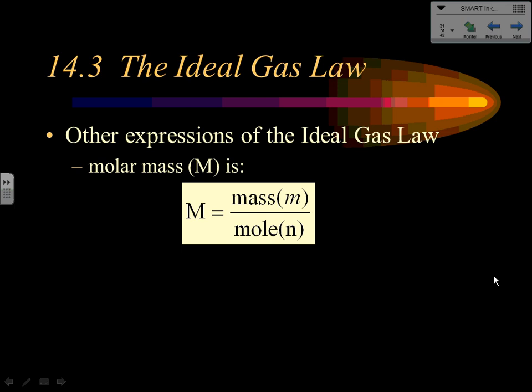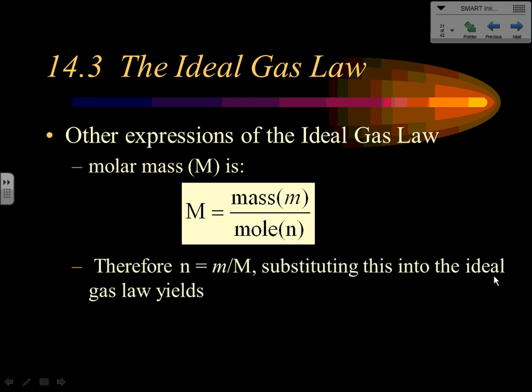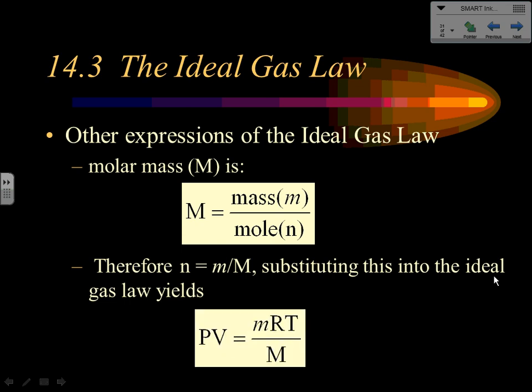If molar mass is the mass per mole, which means mass over moles, if we knew the mass and we knew the number of moles, we could divide and we'd have the molar mass. Well, if molar mass equals mass over the number of moles, then that means the number of moles n would equal the mass divided by the molar mass. So I can substitute that into PV equals nRT, and now I get this: PV equals mRT over the molar mass, m representing the mass.